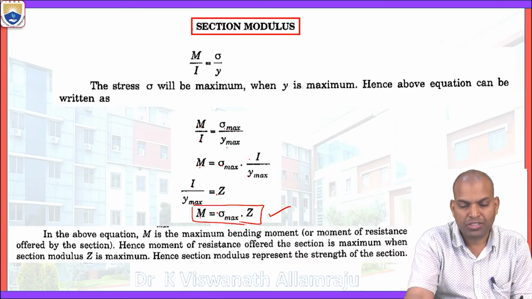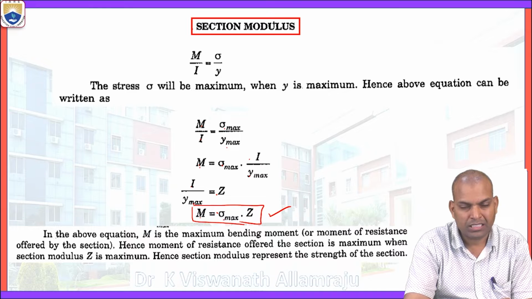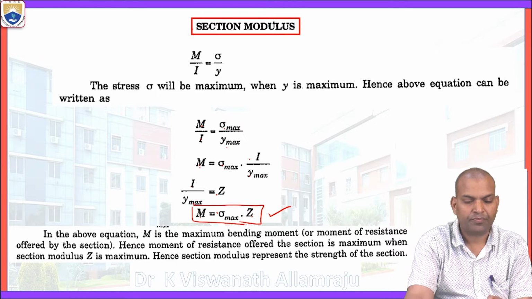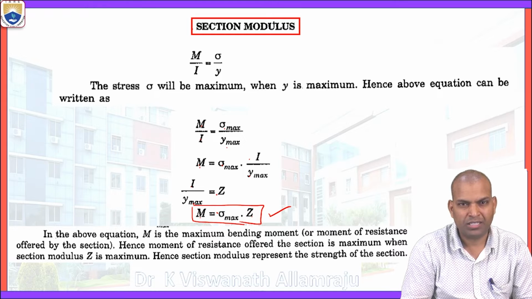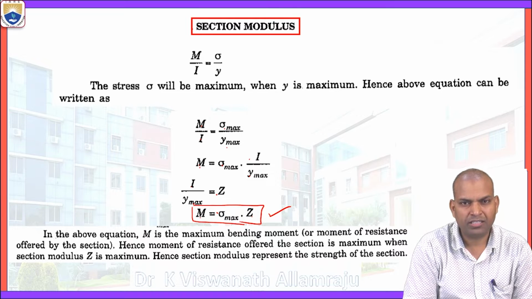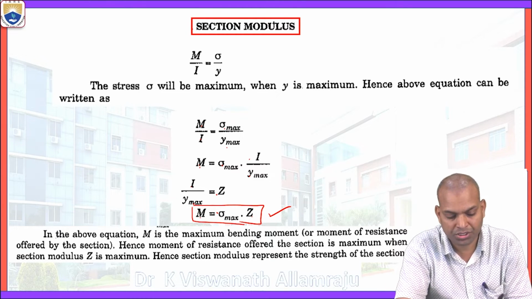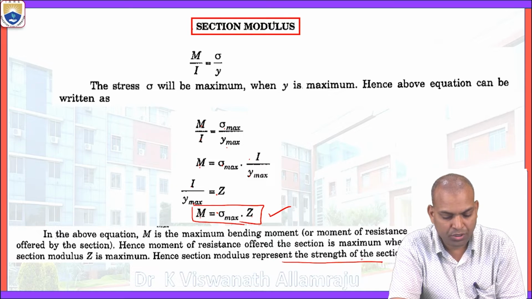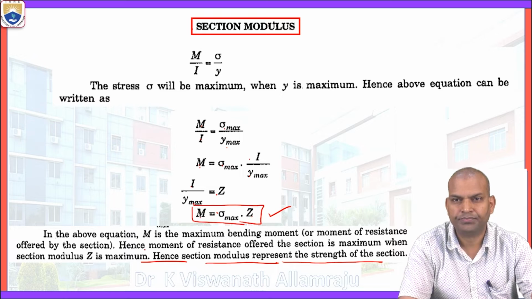So the moment of resistance of the section is maximum when the section modulus is maximum. Moment of resistance is maximum means more resistance is there, that means it has more strength. That's why section modulus represents the strength of the section.